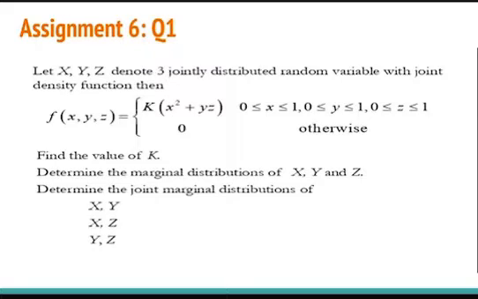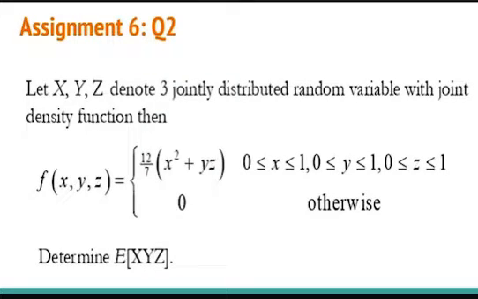Take note. And the last question in the assignment is asking you to get the expectation of the product.